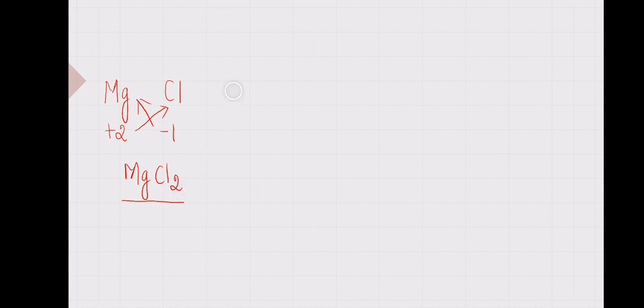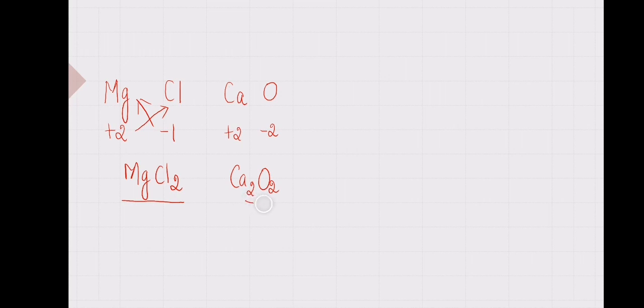Let us see calcium oxide. For calcium, the symbol is Ca. For oxide, it is O. For calcium, it is +2. For oxygen, it is -2. So, the formula will be Ca2O2.